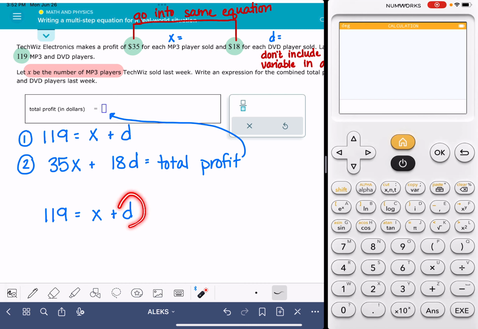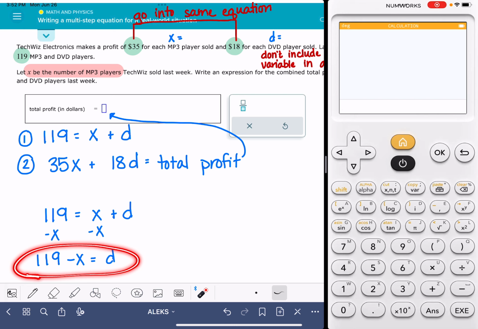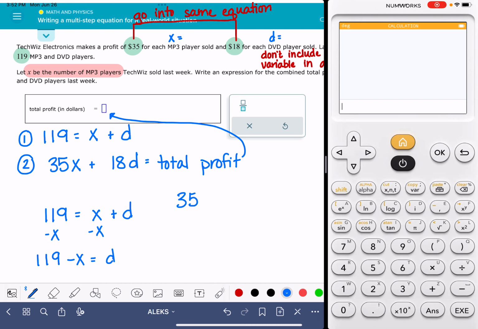I want to isolate the d variable. I'm going to do that by subtracting x from each side of the equation. 119 minus x equals d, and this has allowed me to come up with an expression for the variable d that I can then plug into this total profit equation.